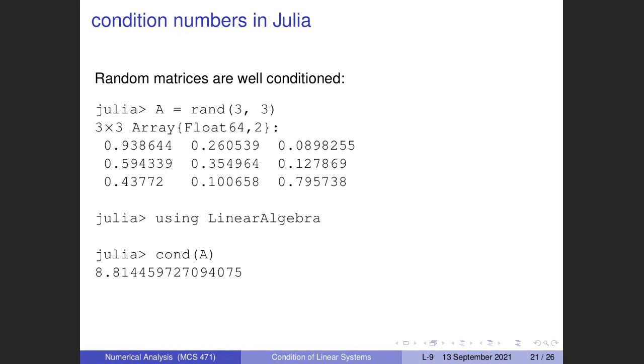But random matrices in general are well conditioned. So here you see a 3 by 3 matrix, and the condition number is 8. So that explains that for very small random matrices, double floating point precision often gives you almost full precision.